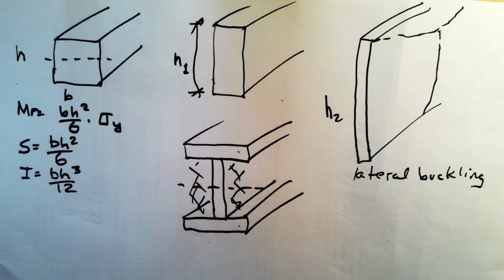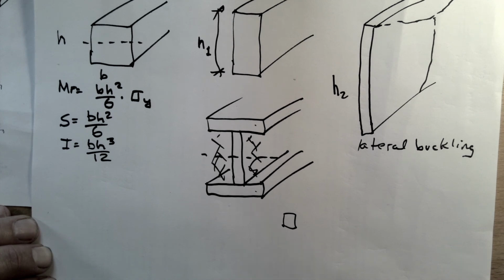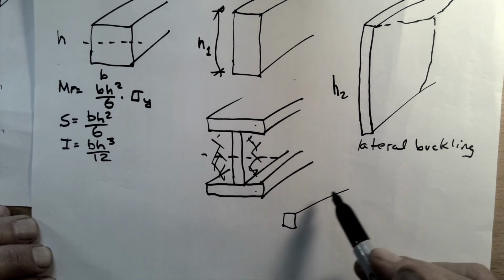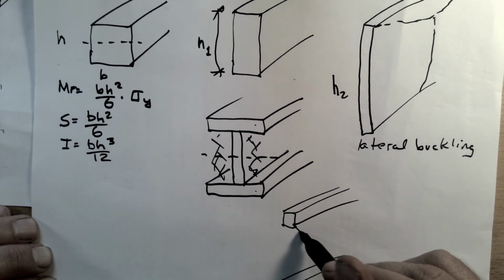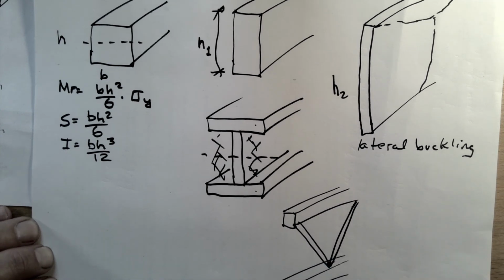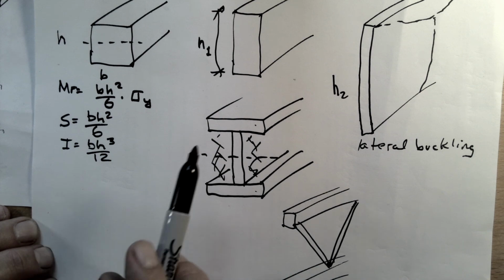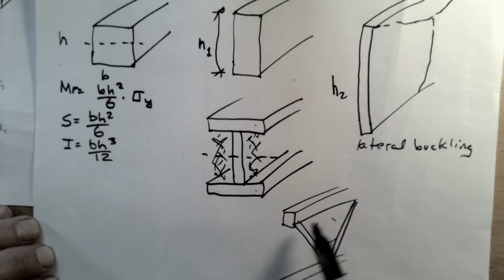And then the next step in efficiency is to put your steel, or your wood or your concrete, at the top and the bottom, and then just connect them together with diagonal elements. And those diagonal elements are not just removing the material I've shown here on the sides, they're also cutting holes out.